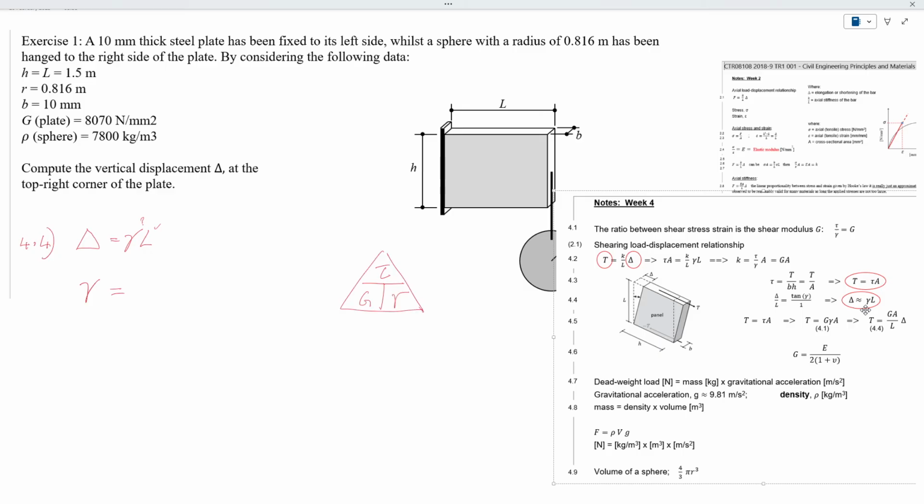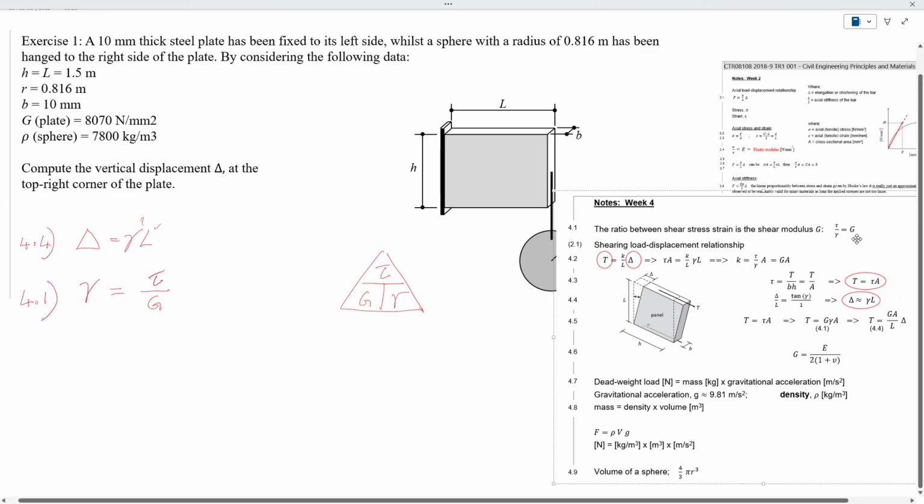So I can go tau g. And that's from equation 4.1. That one there. Okay?